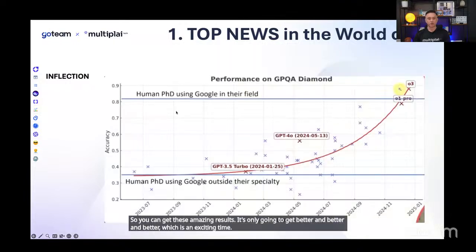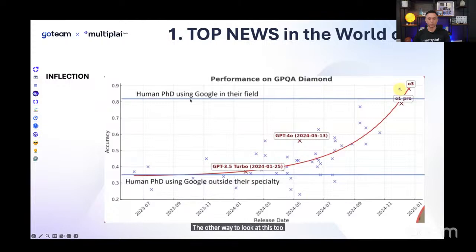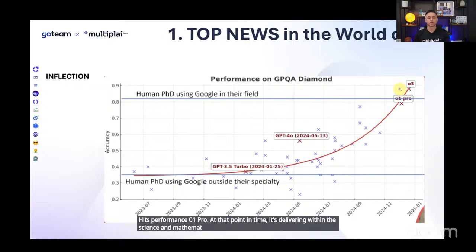The other way to look at this is that when O1 Pro hit its performance, it was delivering within science, mathematics and engineering, hitting the performance of a PhD level human working at Google in their specific field.